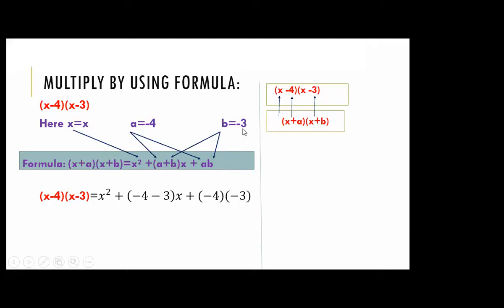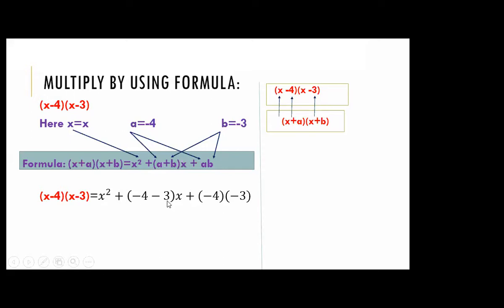Then what is the value of b? Minus 3. But here there is a plus sign, and when we multiply minus 3 with this plus sign, minus times plus gives minus. So we get minus 4 minus 3 into x, plus is copied from the formula, and the a and b values are minus 4 and minus 3. What we have done is put the values of x, a, and b in the given formula.